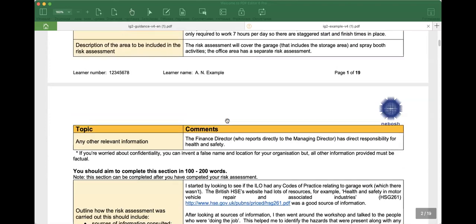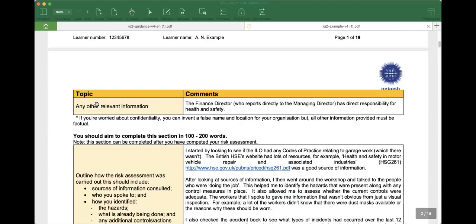And in the final part, any other relevant information, you need to mention who has the health and safety responsibilities, like the finance director who reports directly to the managing director has direct responsibility for health and safety.